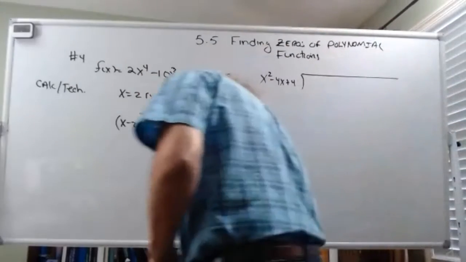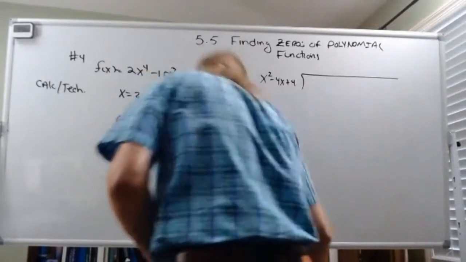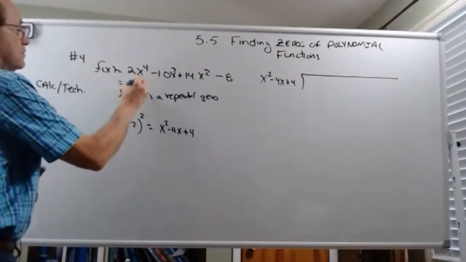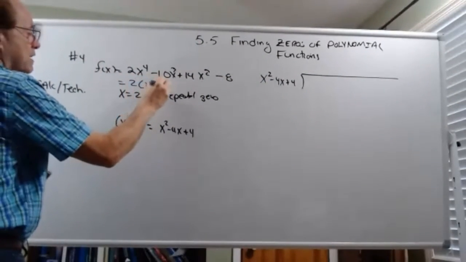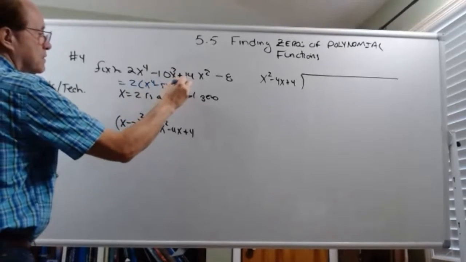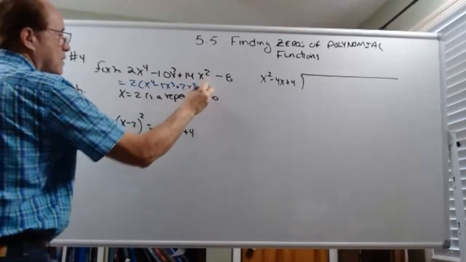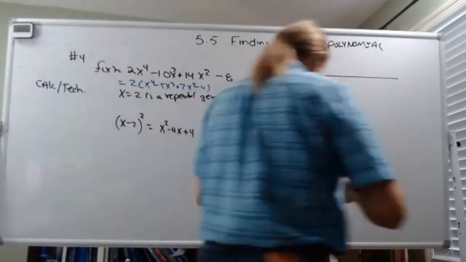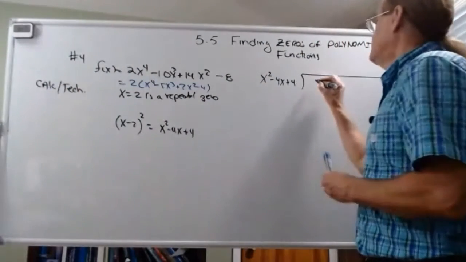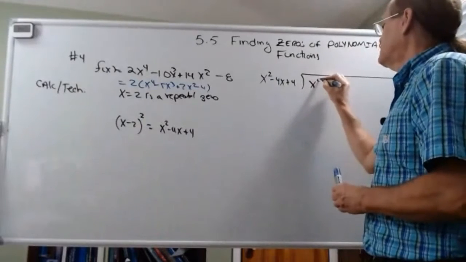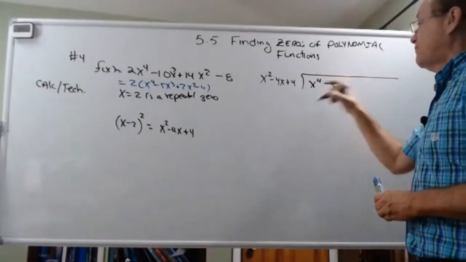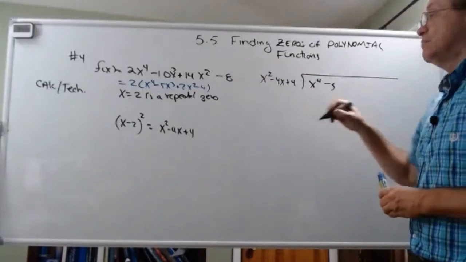So I could rewrite this in this form, which makes the numbers a little bit easier: 2x to the 4th minus 5x cubed plus 7x squared minus 4. The 2 I don't have to worry about right now, but when I factor it out, I need that 2 to come back.